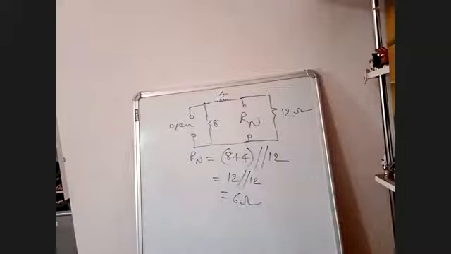That is your RN. If two same resistances are in parallel, it will become half. If any two equal resistances are in parallel, that will be half. 12 and 12 are parallel, that is 6. If you want to determine, R1 R2 by R1 plus R2, you can determine that.